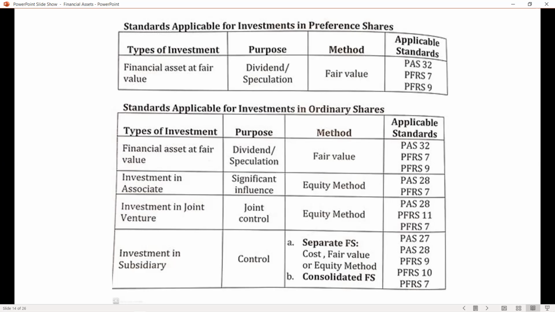On the other hand naman, meron tayong standards applicable for investment in ordinary share. 'Di ba sa ordinary share, meron tayong apat na classification. We have at fair value, investment in associate, investment in joint venture and subsidiary.